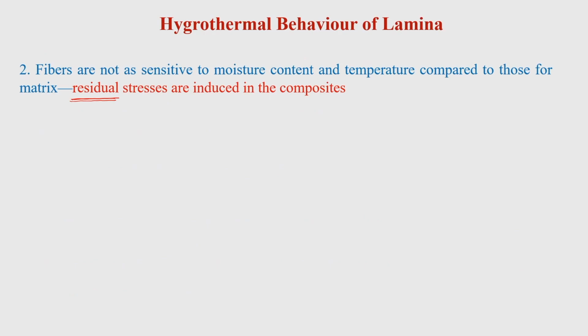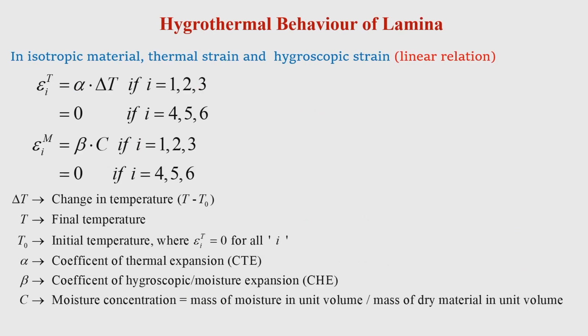Now, let us have a brief revisit of what exactly happens because of the temperature increase. We all know that in an isotropic material, say like steel, if there is an increase in temperature, there is a change in dimension, and the change in dimension is proportional to its initial dimension as well as the increase in temperature.